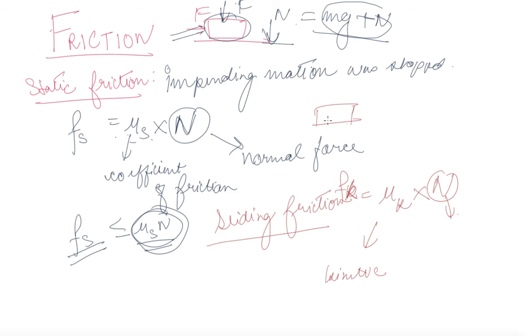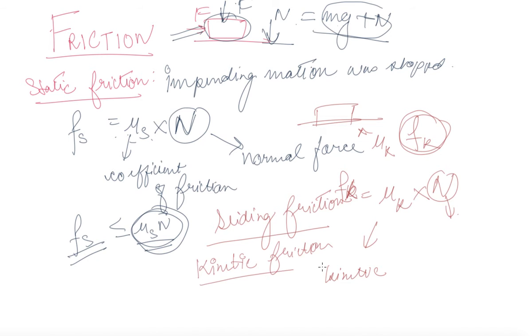So when the body starts moving, mu k is your coefficient and Fk comes into play. Sliding friction is also known as kinetic friction, so this is another term.